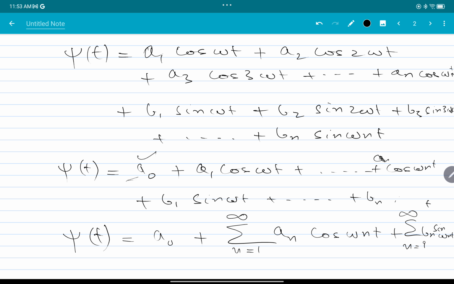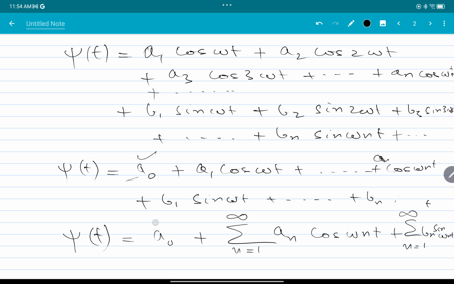Now these coefficients a naught, an, bn are called Fourier coefficients, and these have to be evaluated. We will evaluate them, but before that, let us accommodate infinite terms here. We now have this as our Fourier series.